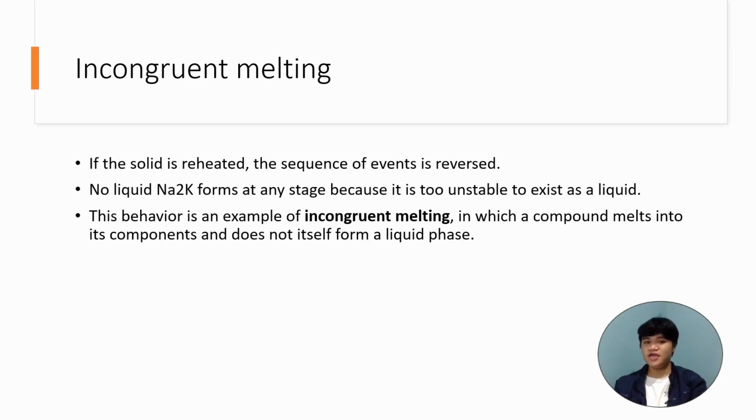Moreover, what I have discussed in the previous slide is the formation of the second solid phase during cooling. But if the solid is reheated, the process is reversed, which explains the concept of incongruent melting, in which a compound melts into its components and does not itself form a liquid phase.